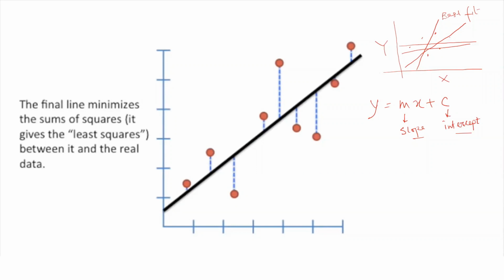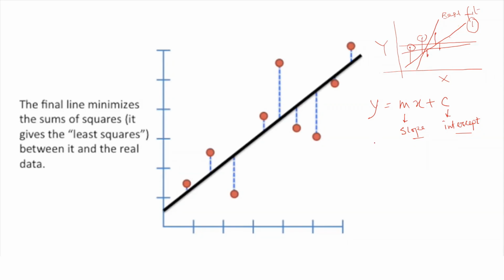Say this is your first line. This line is your predicted line, and these points are your observed points. You find the distance between the line and each point, and you get a value.